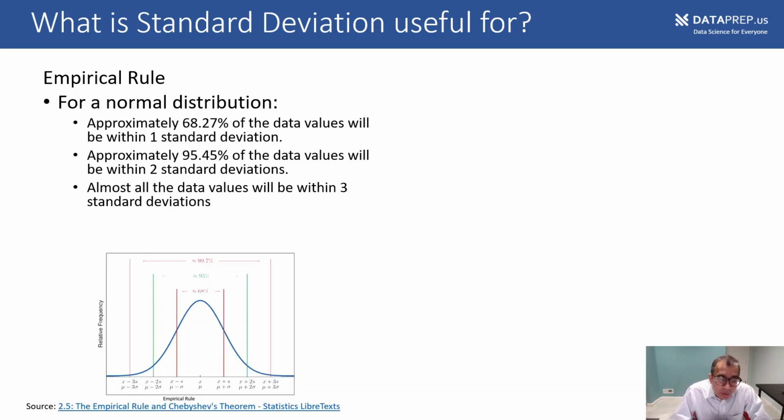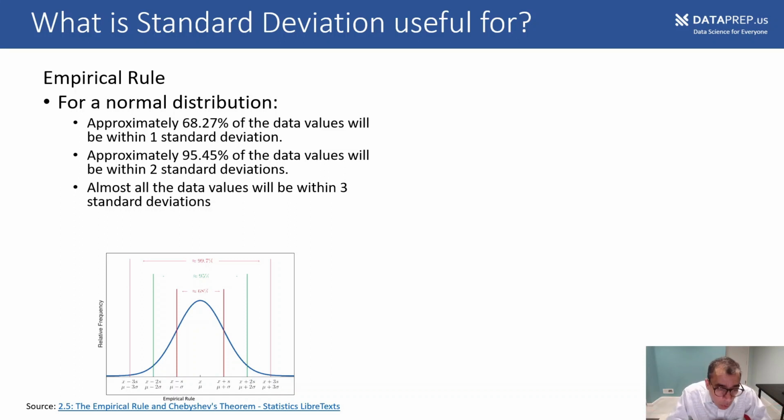The first is what is called the empirical rule. For a normal distribution, approximately 68% of the data is going to lie within one standard deviation of the mean. So if your mean for, say, SAT scores is 1300 and standard deviation is 100, then you can imagine that 68% of the students have scored something between 1200 and 1400, and so on.